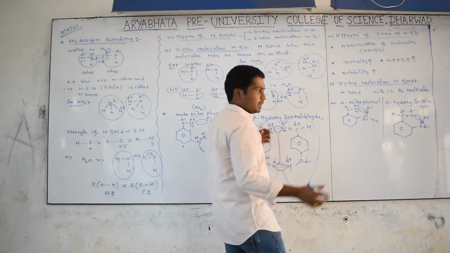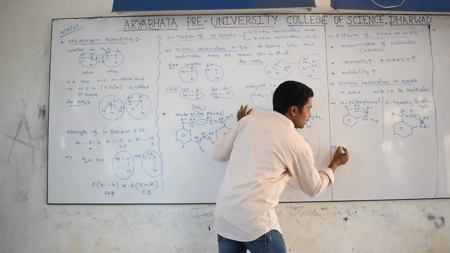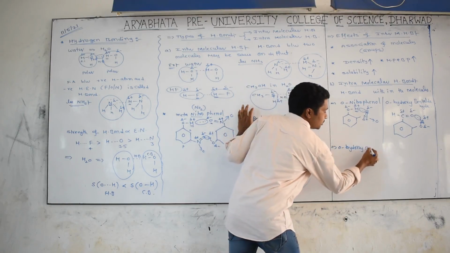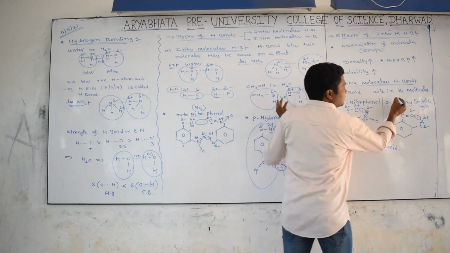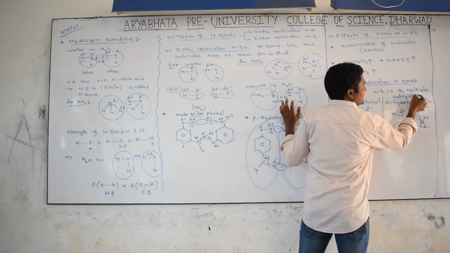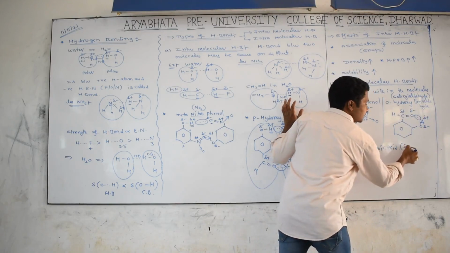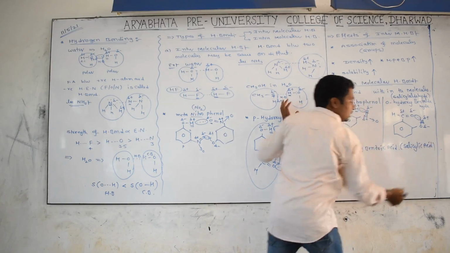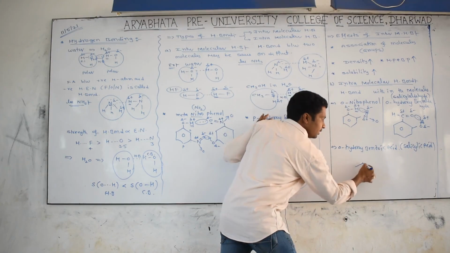I will give you some other examples. Benzoic acid. This is also called salicylaldehyde, and this is called salicylic acid. Salicylic acid is just orthohydroxy benzoic acid.